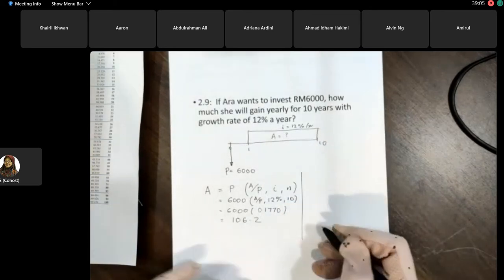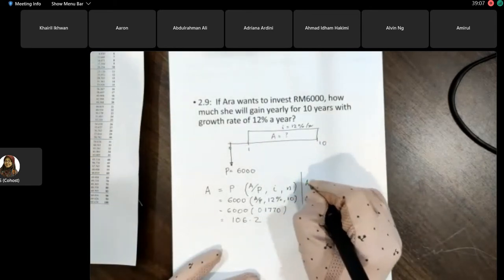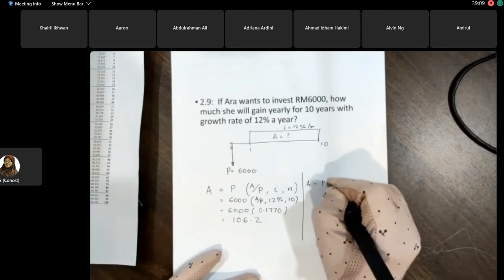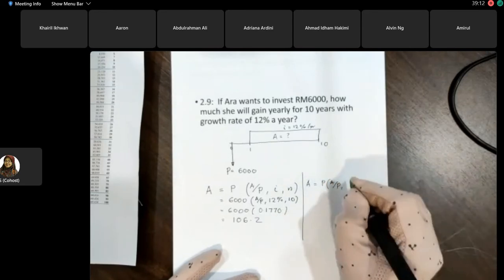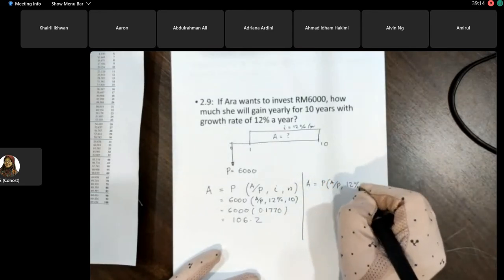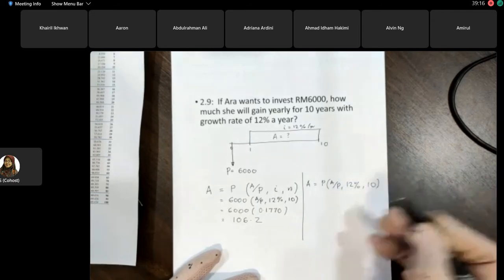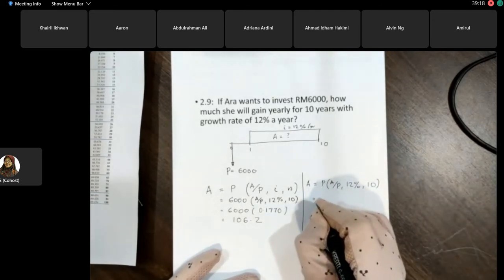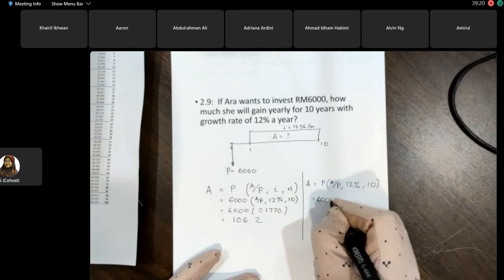If you use the formula, you need to put A/P, 12%, and P is 6,000.